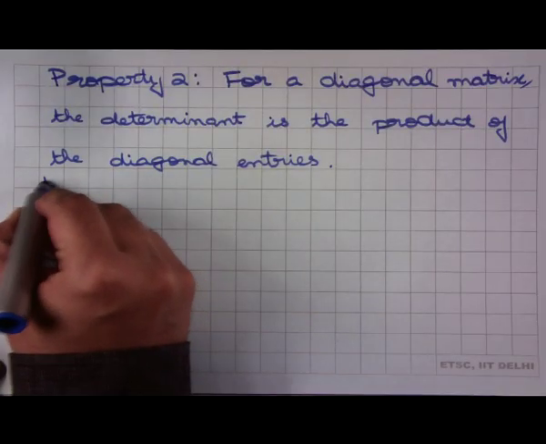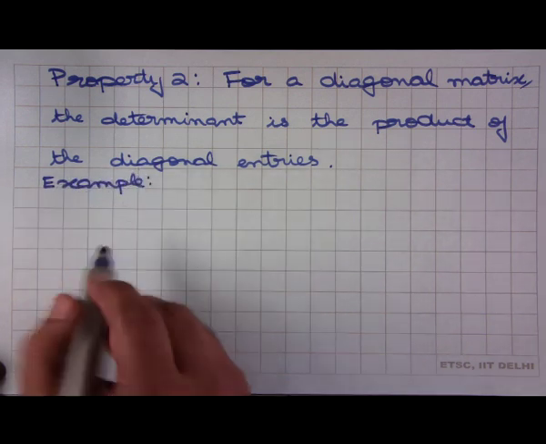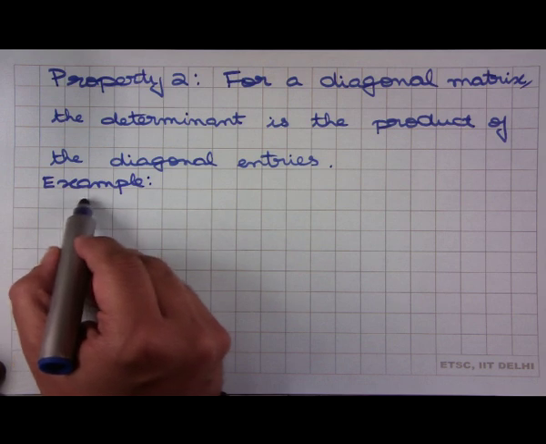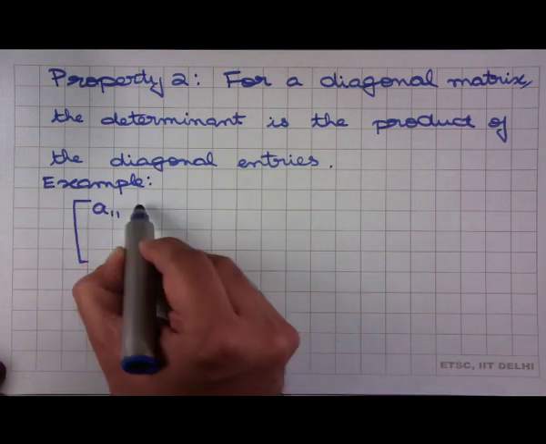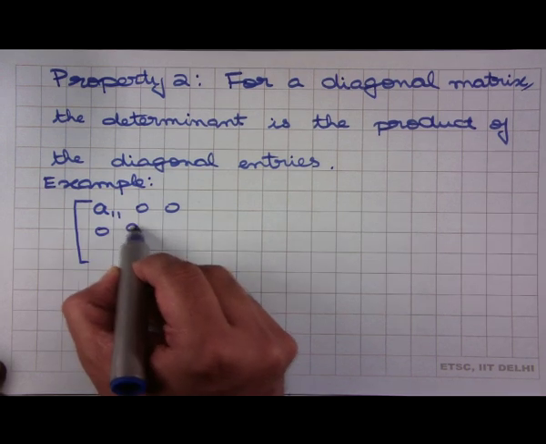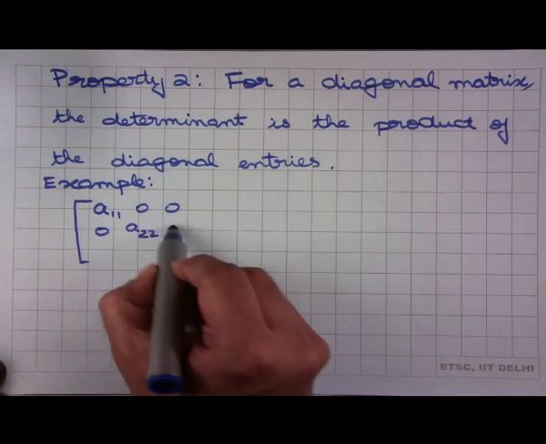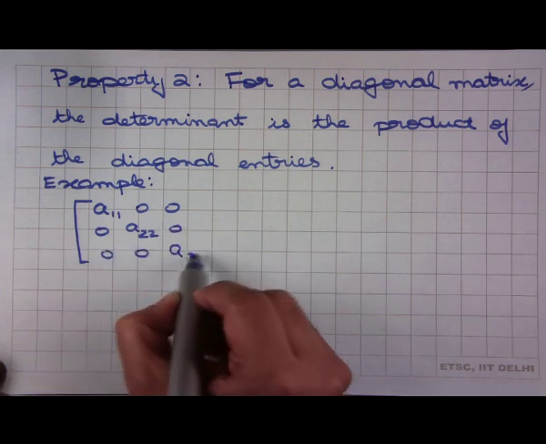So, the example that we look at of a 3 by 3 matrix is that if you have a matrix A 1 1, it is a diagonal matrix, right. So, the off diagonal terms are 0, A 2 2, A 3 3. Okay.